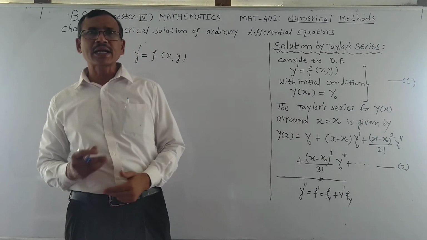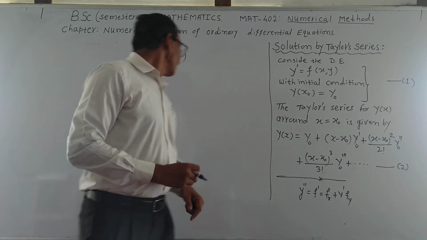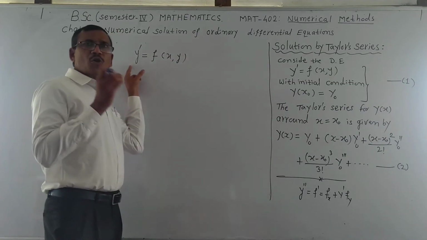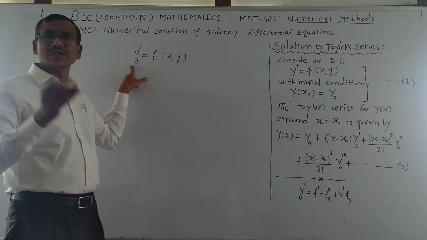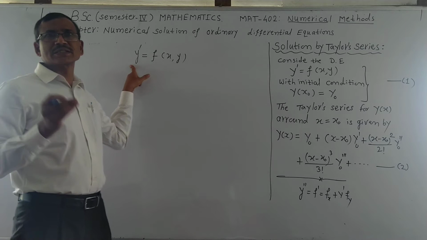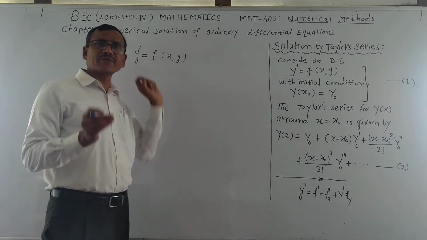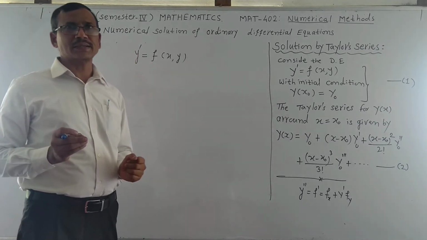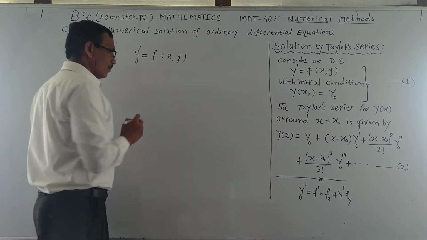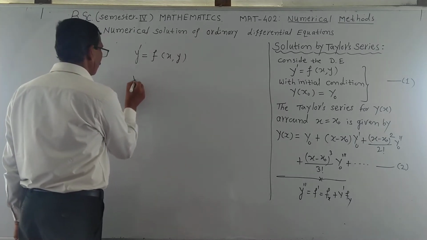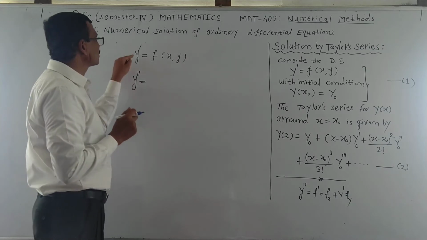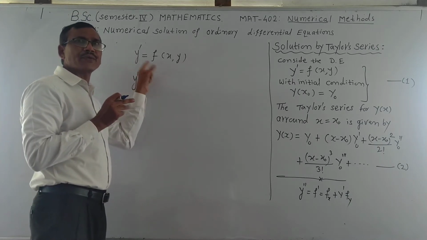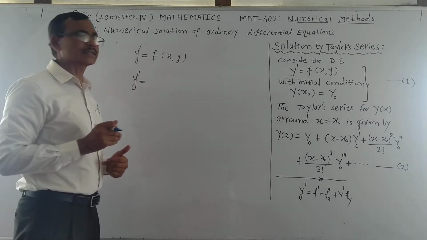Now we require the second order derivative, so apply the formula of total derivative, which we have studied in BSc first year in the chapter partial differentiation. Applying the formula for total derivative, we get y double dash by differentiating this equation with respect to x.